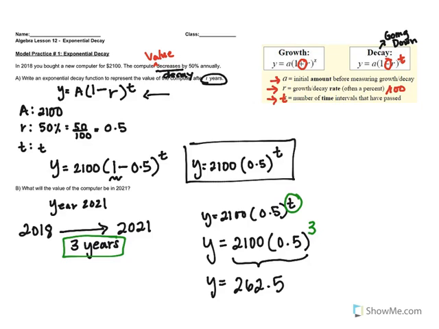So after 3 years, from 2018 to 2021, my computer will be worth $262.50. So the main point today is to remember that today we're looking at things that are decaying, they're decreasing, so we're no longer adding the rate, we're taking away from the whole, and we're subtracting our rate from that one instead.